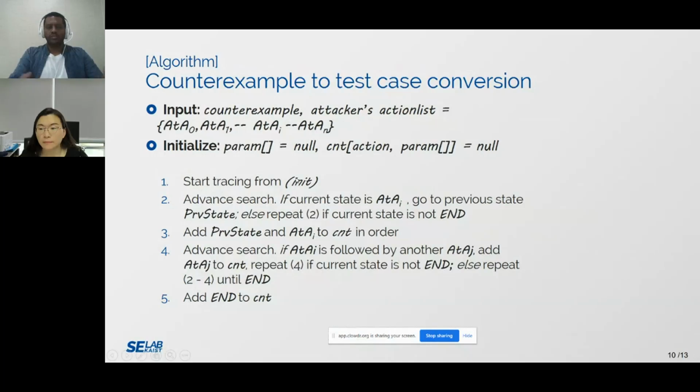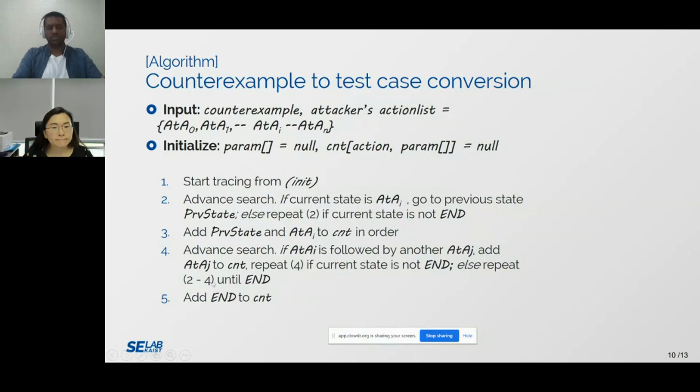After generating the counterexamples, we have an algorithm that is used to convert counterexamples into test cases. Basically, this algorithm tries to identify which state contains the attacker action. Whenever it finds a state that contains the attacker action, it traces back to the previous state and gathers the parameters and values of that previous state. That would be used to formulate the preconditions of the system.